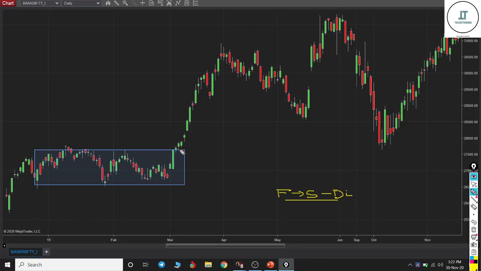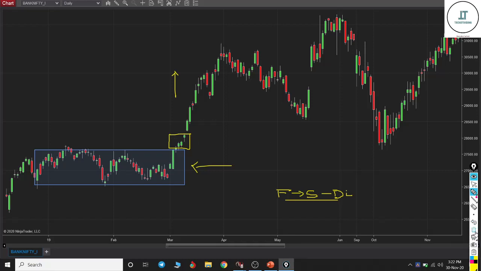Look at this. The first day of breakout was on 6th March. Now, how much can the price move towards upside once price made a breakout and started trading above it?